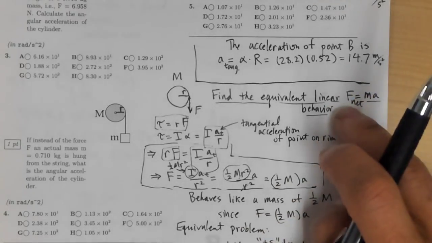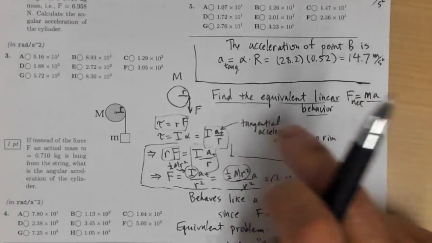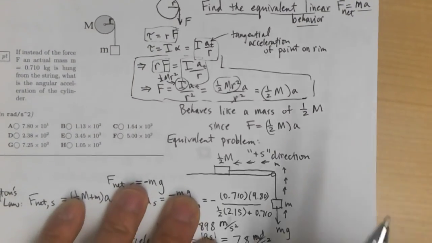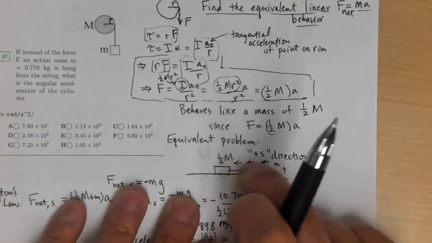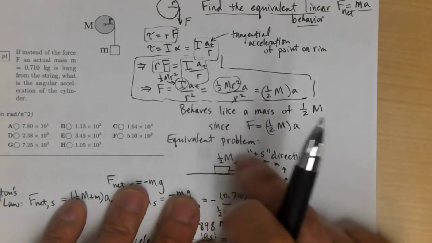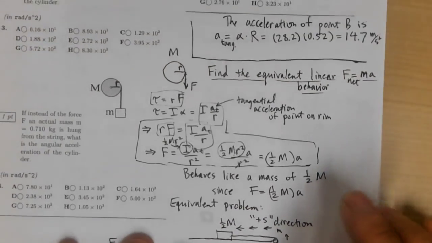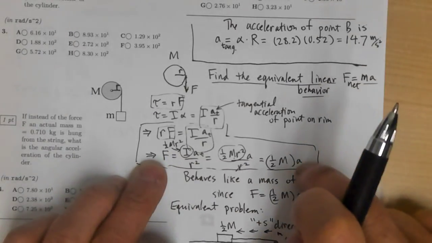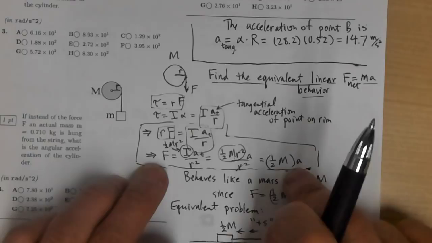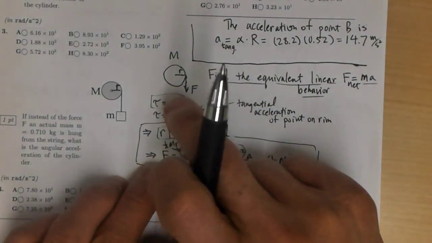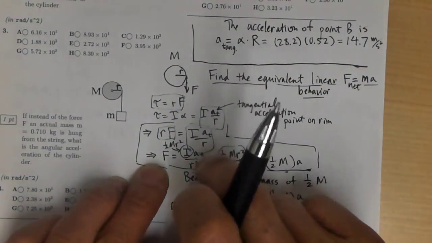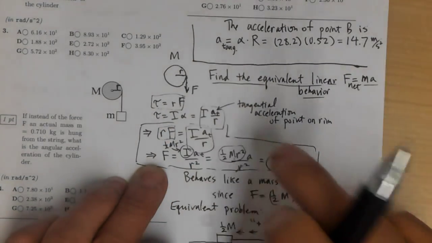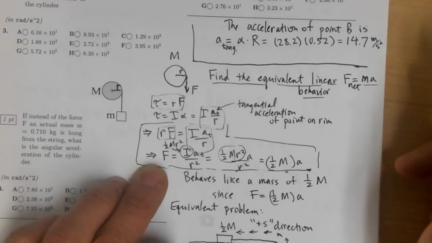What we did was we're trying to get an effective mass, so the equivalent of how this thing rotates, or how the angular acceleration behaves, to make it similar to how a mass would accelerate on a horizontal table. I was looking for a formula where force is equal to acceleration times some effective mass. So I played around with torque is equal to R times F, and torque is also equal to I times alpha, and alpha is the tangential acceleration over the radius.